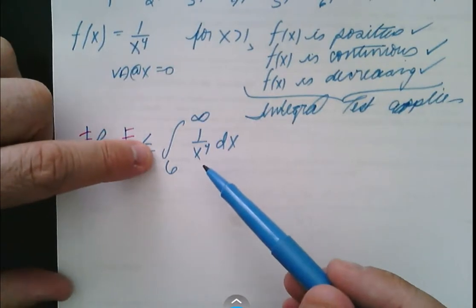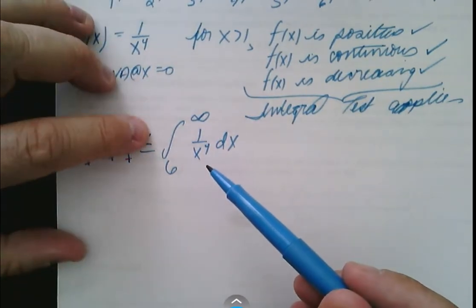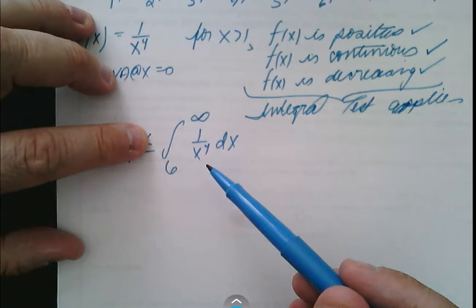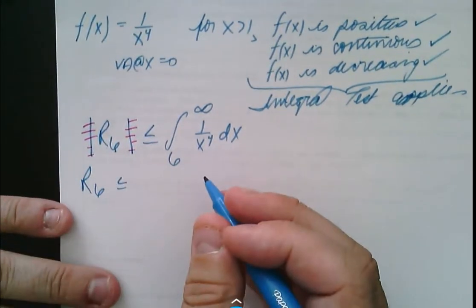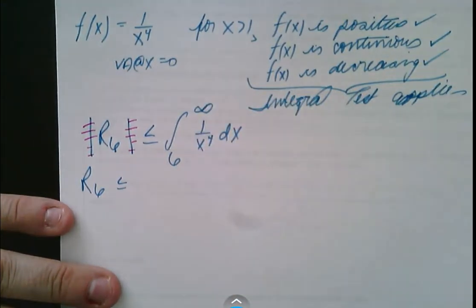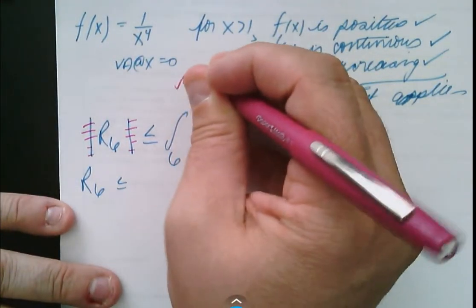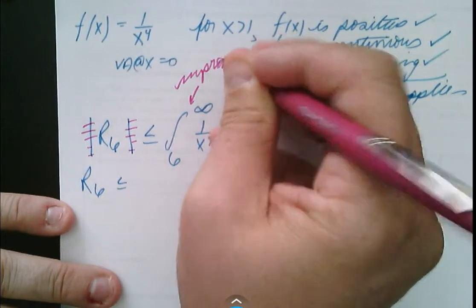You are going to have to integrate this. And let's use this as an opportunity to do this the right way. This is an improper integral because our upper limit is infinity.